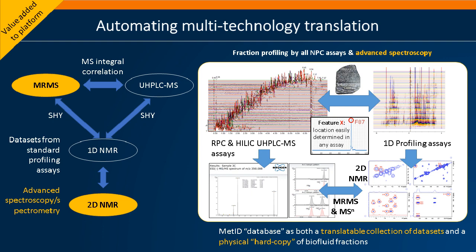And then, of course, once you're in 1D NMR, it's very easy to translate into 2D NMR and gain structural information from that. So what we hope to do in the future is use these statistical techniques to couple all of these different data sets, which have already been built up for biofluids, to automatically pull all of the information together for more extensive characterization of these biofluids.